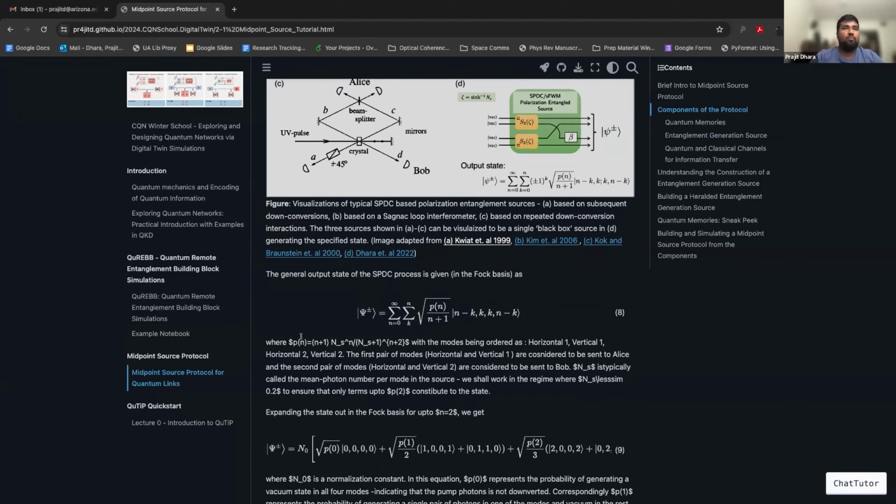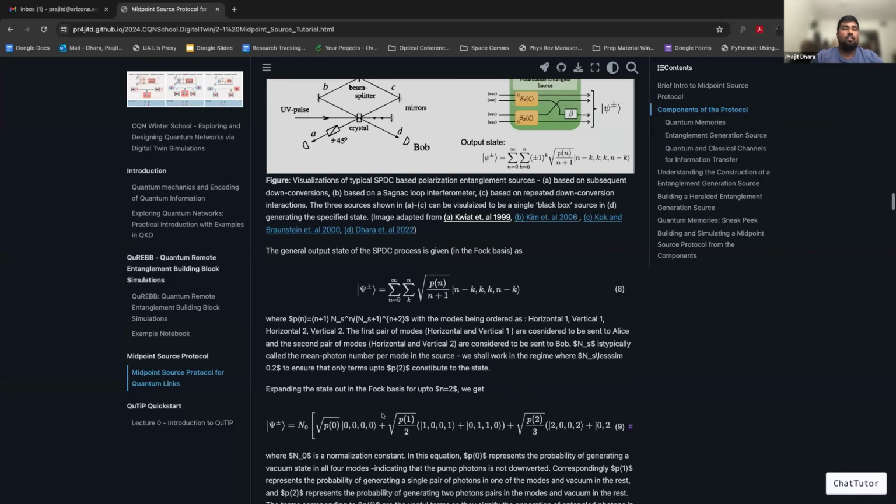The math is broken, but you can tell that there is a geometric series, so it's ns to the power n over ns plus 1 to the power n plus 2, where ns is called the mean photon number per mode of the source. We will work in the regime where ns is much, much less than 1. In fact, ns less than 0.2 is where the following description of the state is valid.